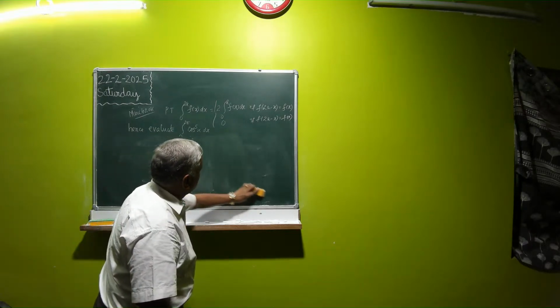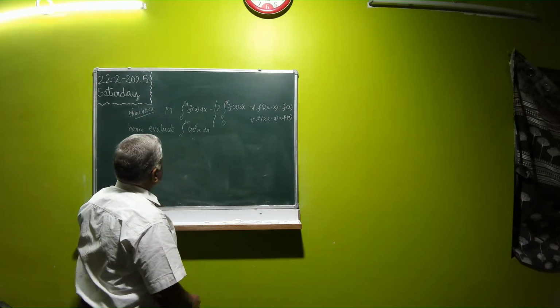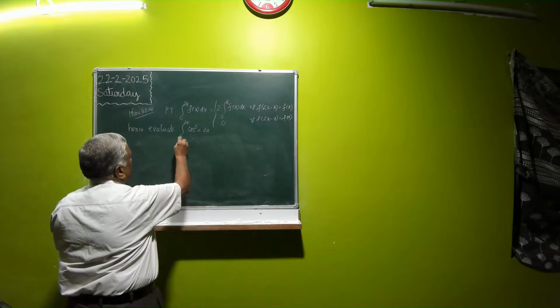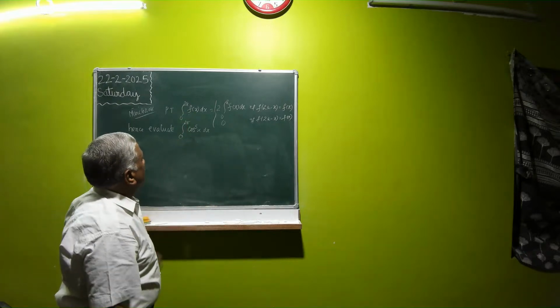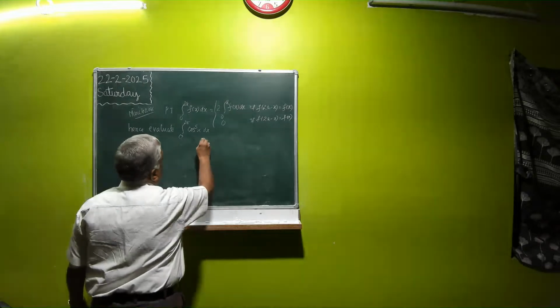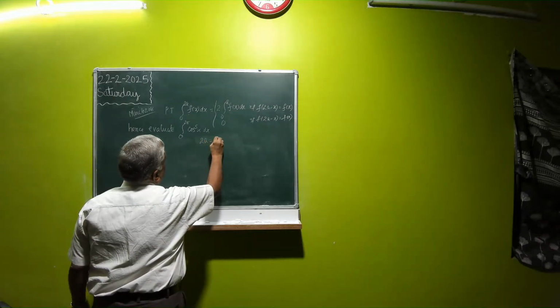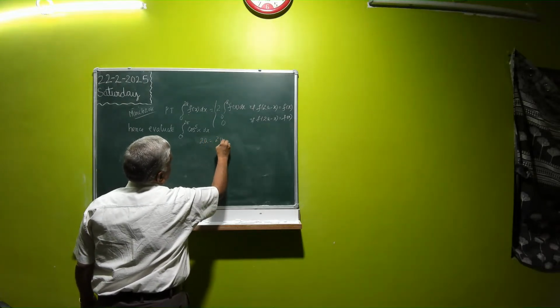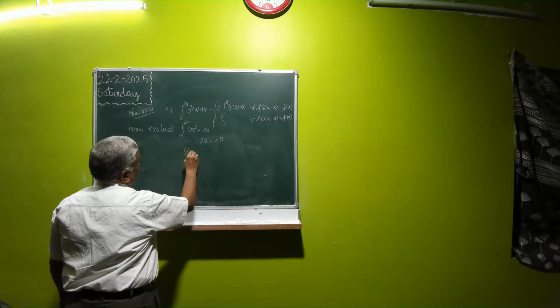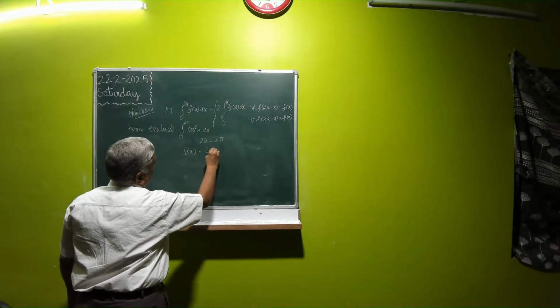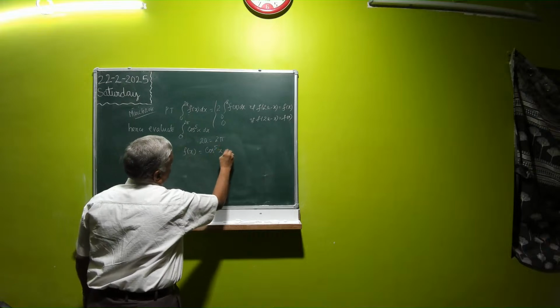Which problem? Cos to the power of 5. So look at this problem and the result. What is here? You can very well see 2a is nothing but 2 pi. So what is f of x? F of x is cos to the power of 5x.